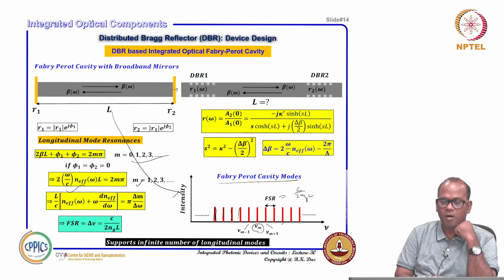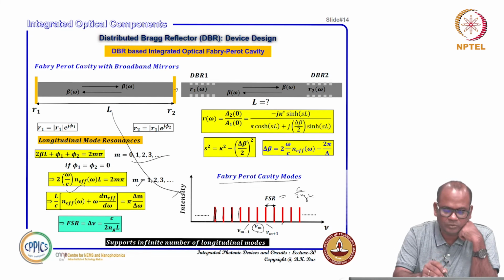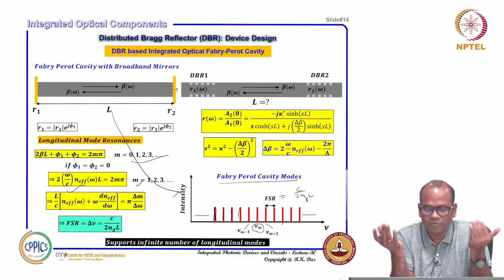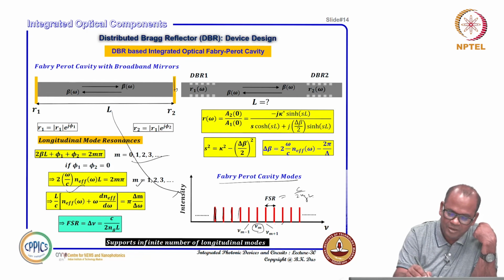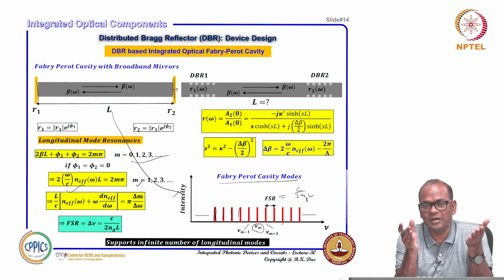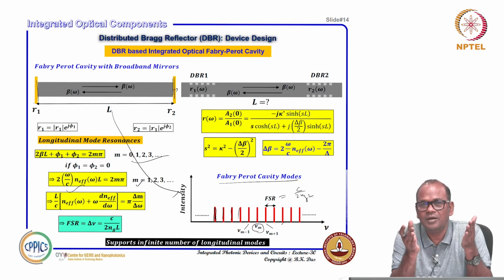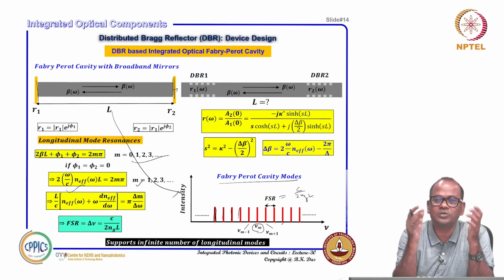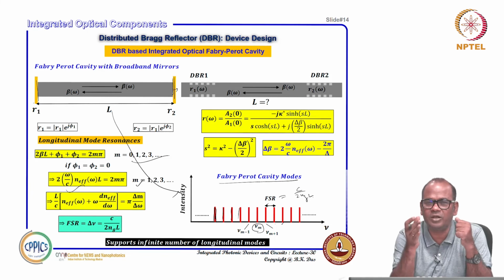So the problem here is, this is a very nice device, a replacement for the ring resonator, but one problem is that you have to use a mirror. It is very difficult to integrate a mirror at the edge of the waveguide in a photonic integrated circuit, because a mirror is mostly metal or dielectric, and a different type of technology is required.